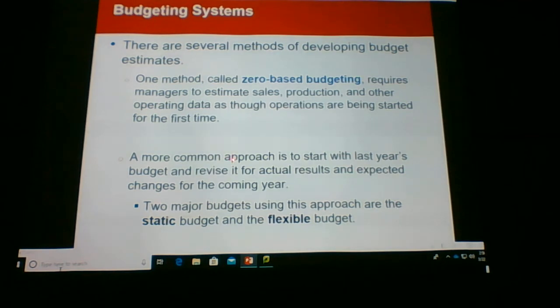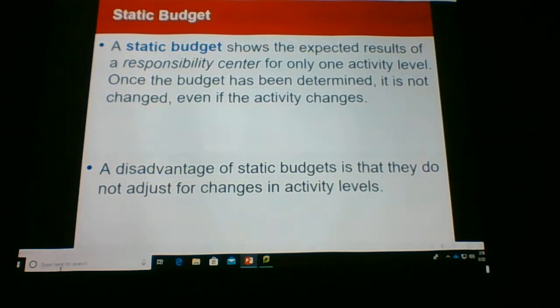Your slide also says a much more common approach, 99.9% of the time, in fact, is to use a process of both static and flexible budgets. Okay, and let's get into that now. So a static budget is more, this is kind of an old school approach. We come up with a plan in the latter part of a year.